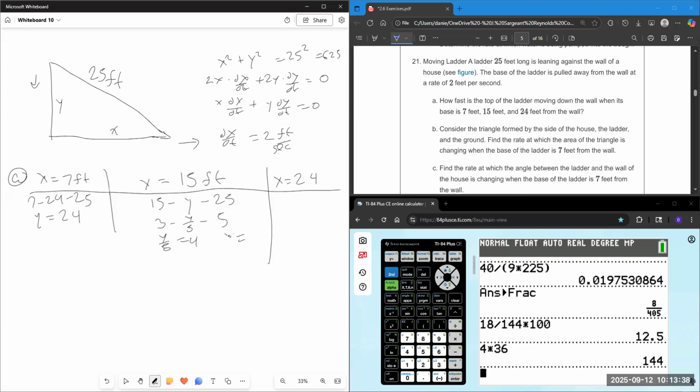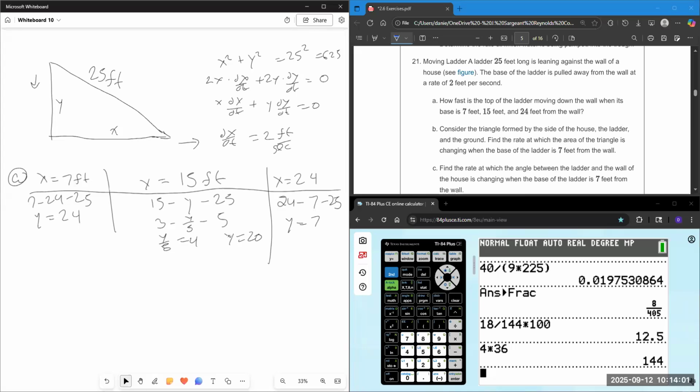So y is 20. I don't need to do the Pythagorean theorem to find that one. And then this one is the other way around, that this is 24, something, 25. It's still a 7, 24, 25. Just the 7 and 24 have switched places. So y equals 7 here.